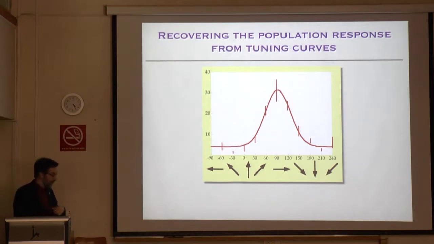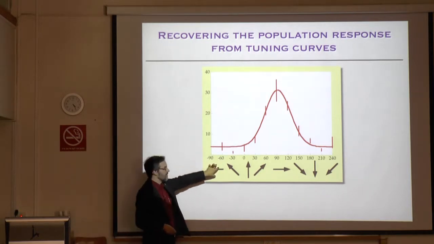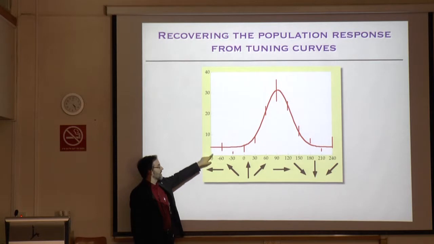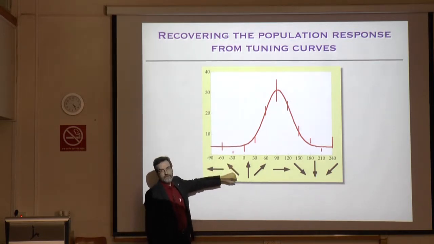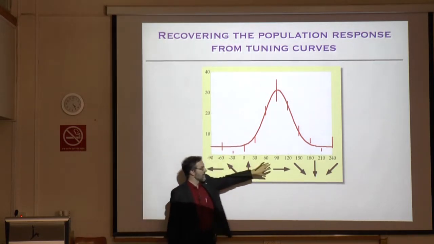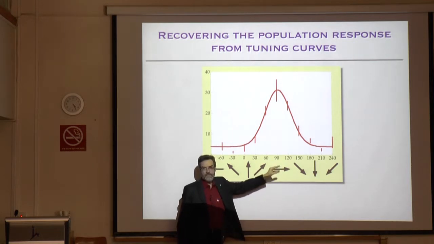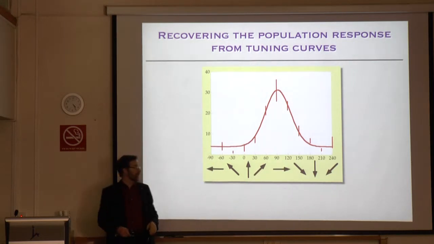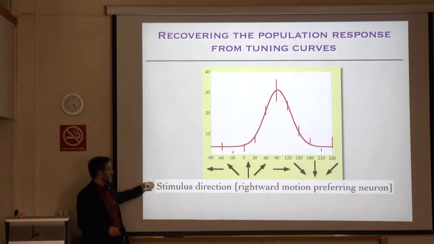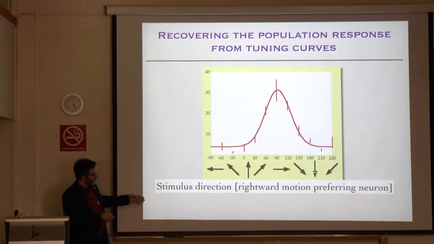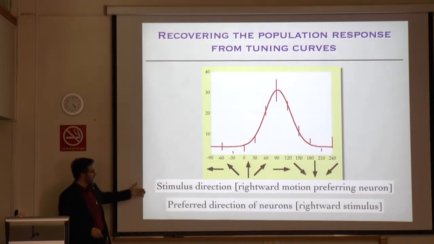The axis would now be population of neurons preferring leftward motion and their activity, population of neurons preferring up and to the left, population of neurons liking rightward motion, and so on. And you would only switch the label on the axis. So in one case, it's stimulus direction for a rightward preferring neuron here, and in the other case, it's the preferred direction of neurons given a rightward stimulus.